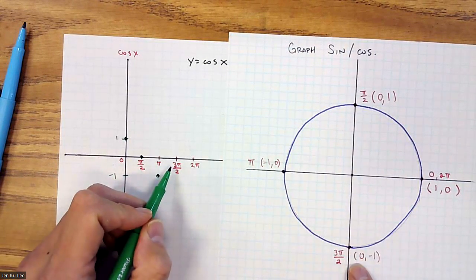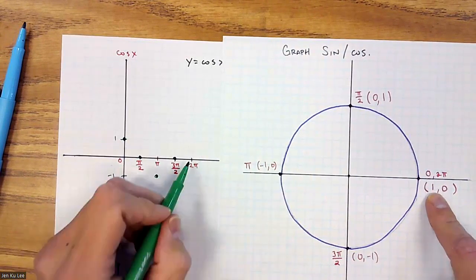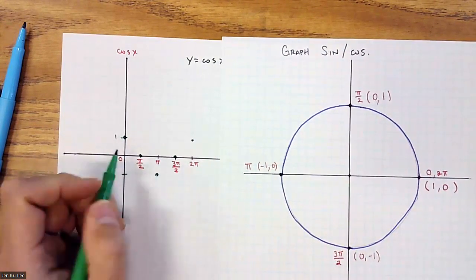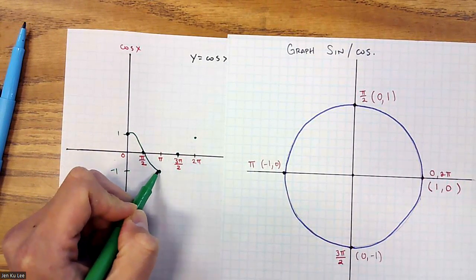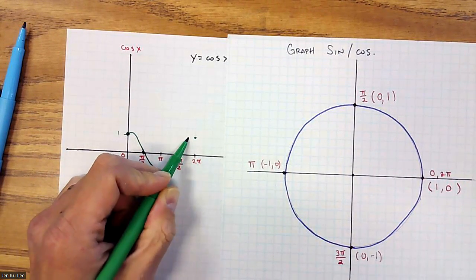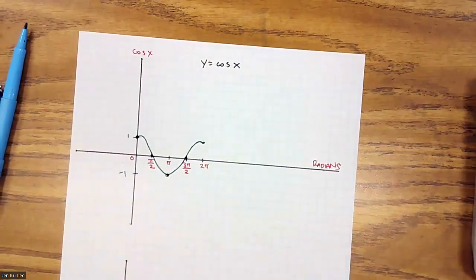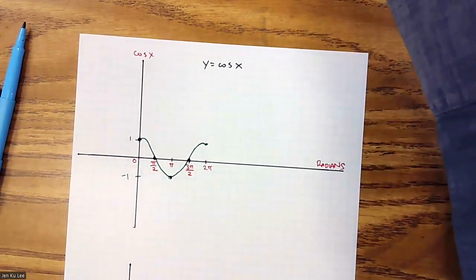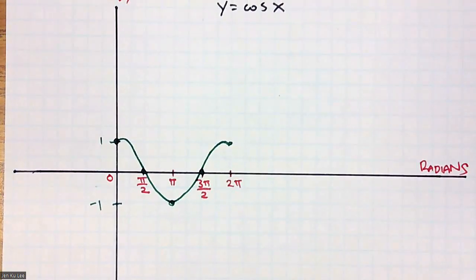Cosine of 3 pi over 2 is 0. Cosine of 2 pi is back at 1. So in this class, please try and make it into a wave. Not a V. Okay, it's a wave. So try and make it wavy, for lack of a better word.